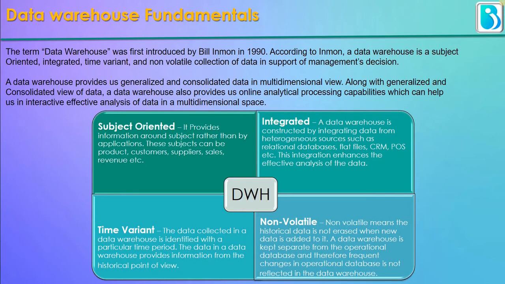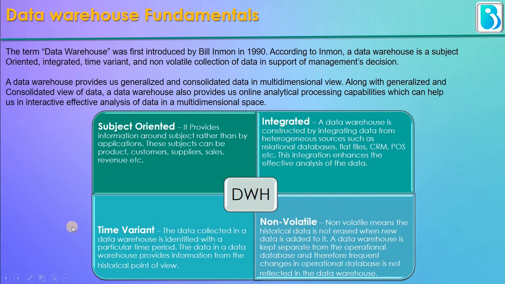Okay, moving on to the next feature of a data warehouse, which is integrated. A data warehouse is constructed by integrating data from heterogeneous sources such as relational databases, flat files, CRM (customer relationship management) data, POS (point of sale) data, etc. This integration enhances the effective analysis of the data in the organization.